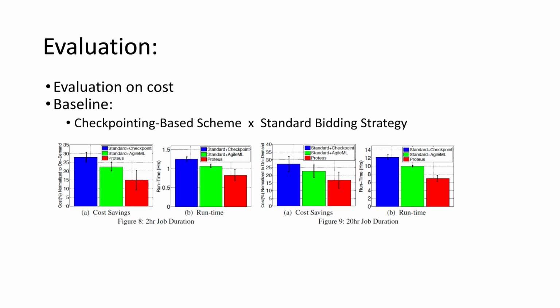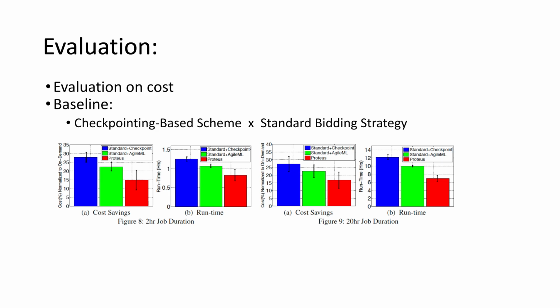In the evaluation part, the authors justify their algorithm's effectiveness on two metrics. The first is cost saving, which is the total cost of finishing a particular machine learning application. The second is the runtime, which is the total time used to finish a machine learning application. They compare their approach with two baseline methods. The first combines the standard bidding and checkpoint method.